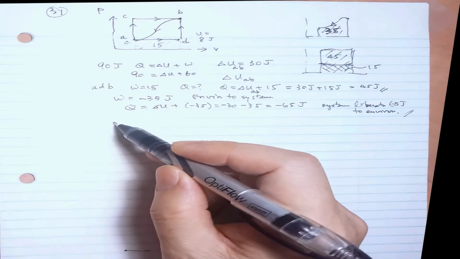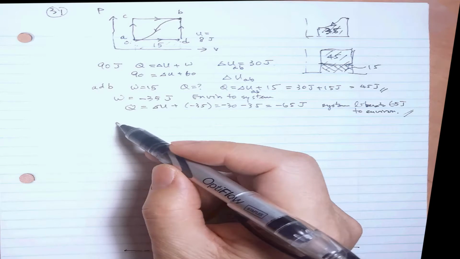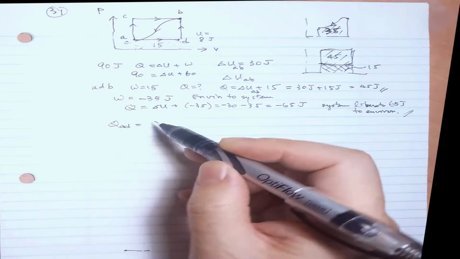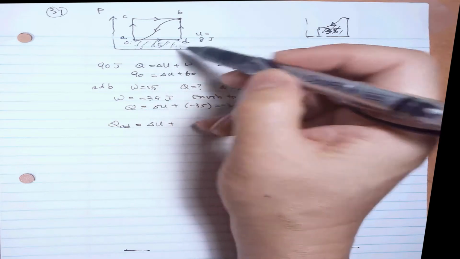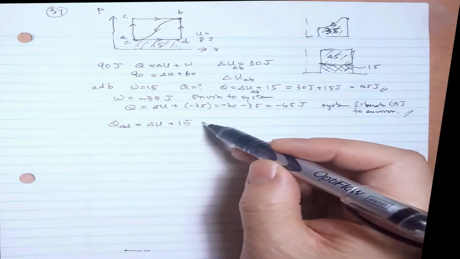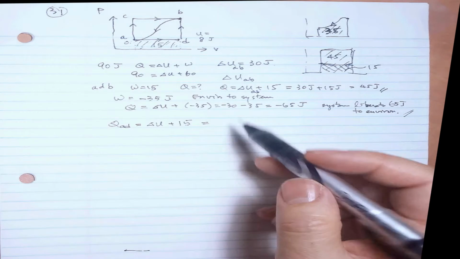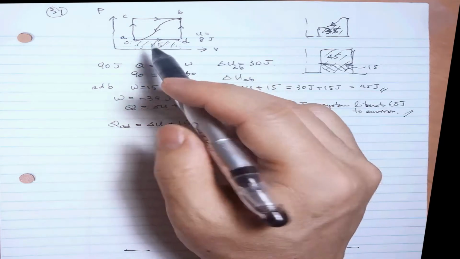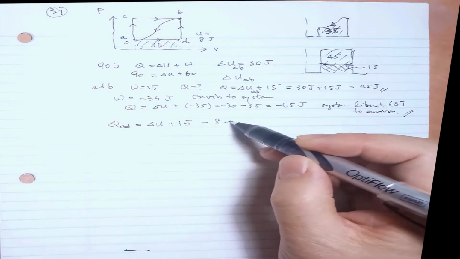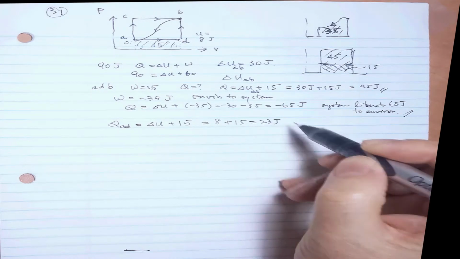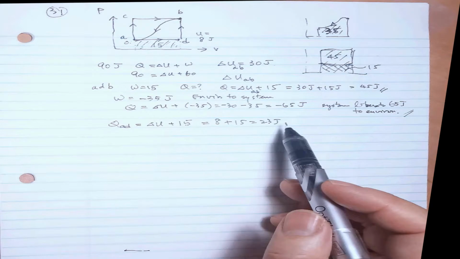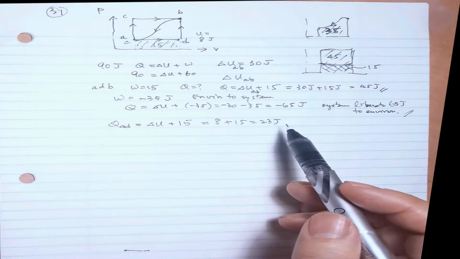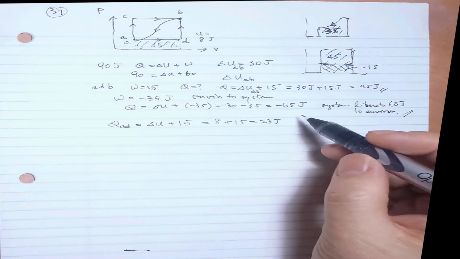Well, during the process of A to D, you can say QAD is delta U plus the work done. But we said that this is 15 already, so that's going to be 15 from left to right. So that's positive 15. U, they said, is from 0 to 8, so that will be 8 plus 15, 23 joules. So heat is positive, which means the environment is pumping in 23 joules into the system.